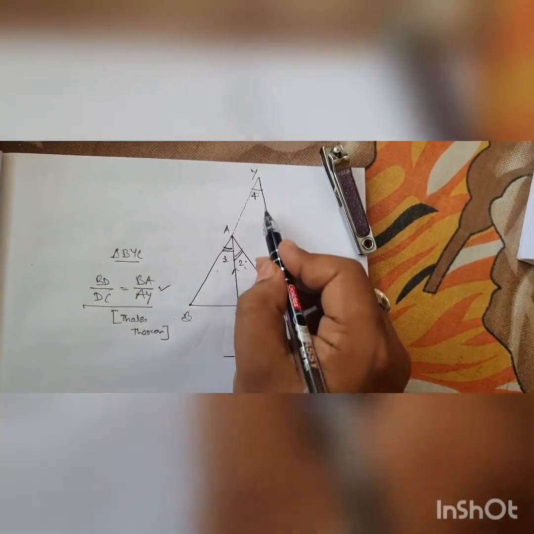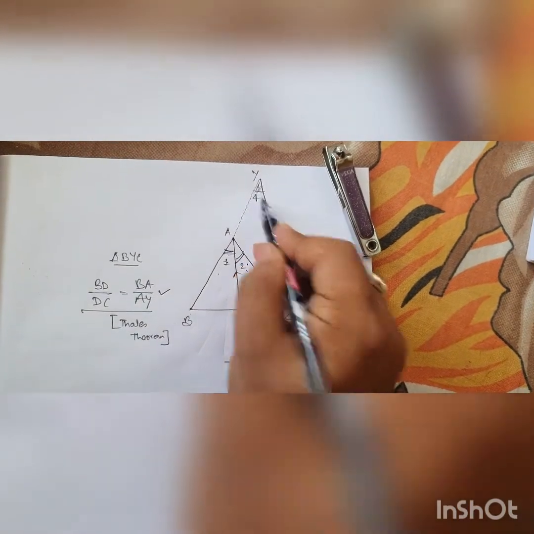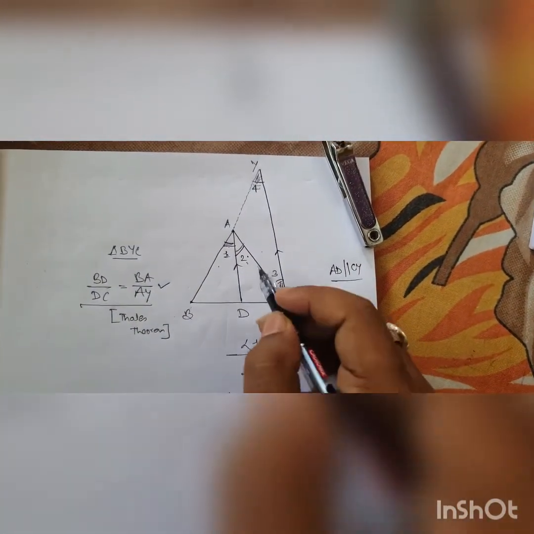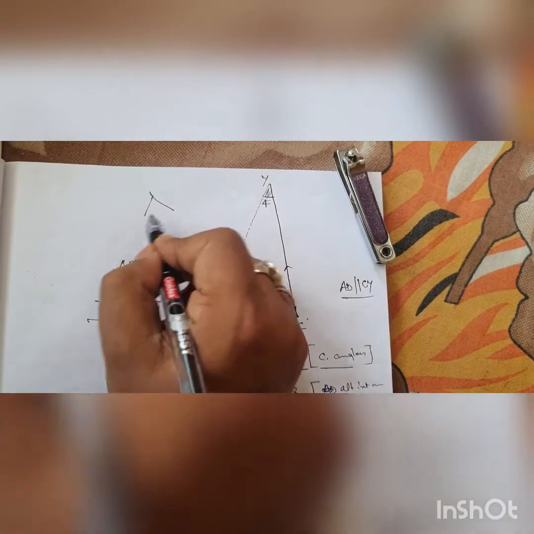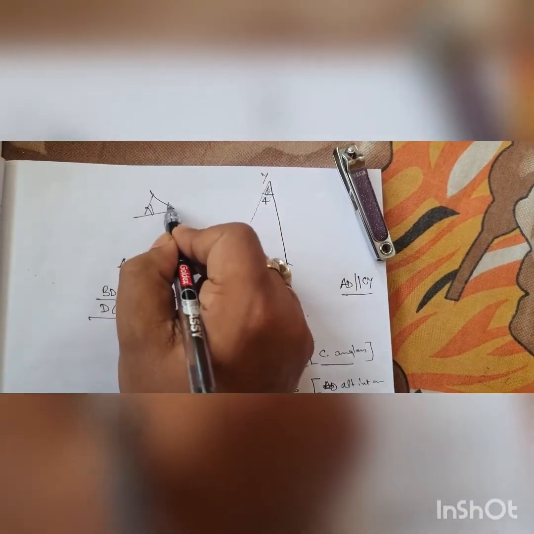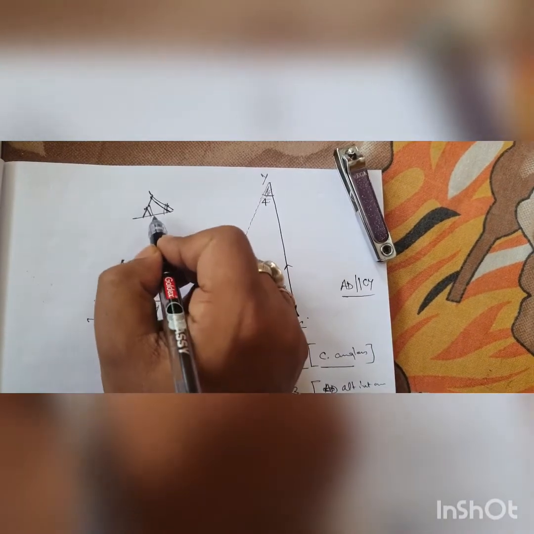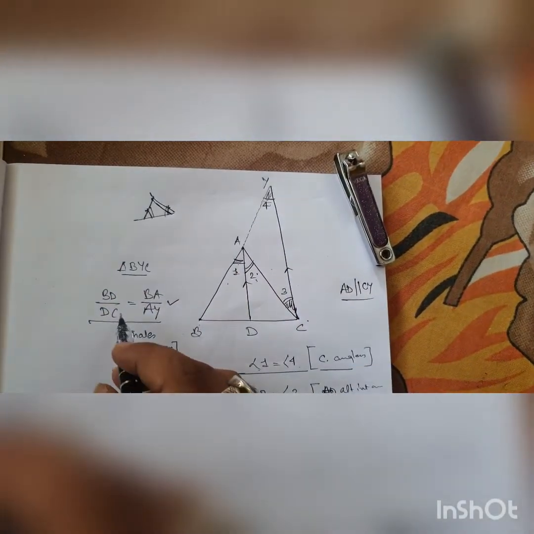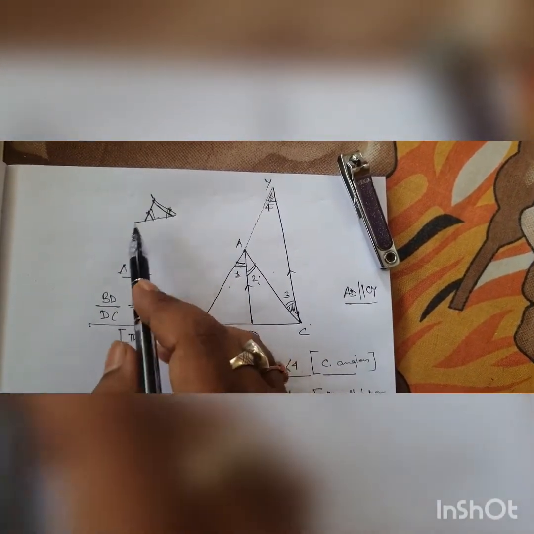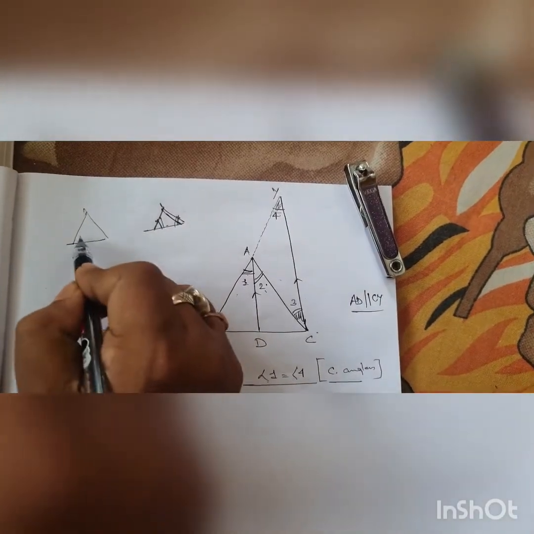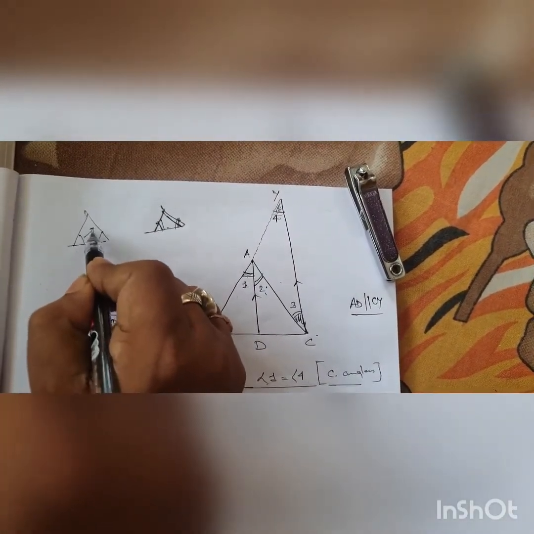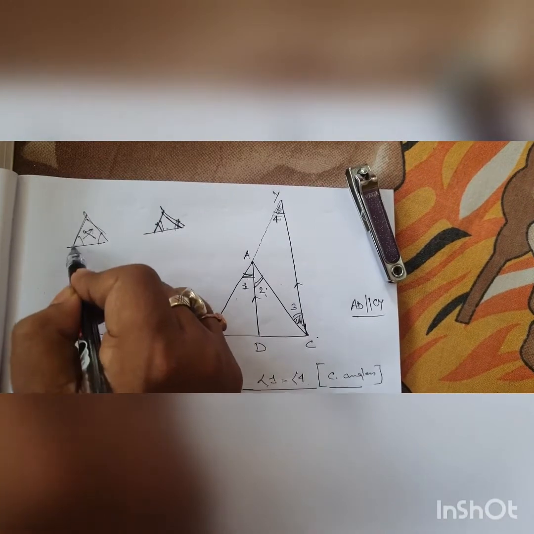But if angle 4 is equal to angle 3, then in a triangle these two angles will be equal. So if two angles in a triangle are equal, then this side and this side are equal.